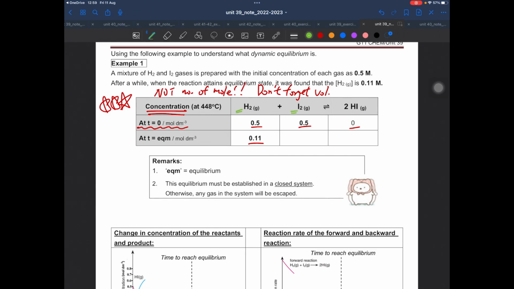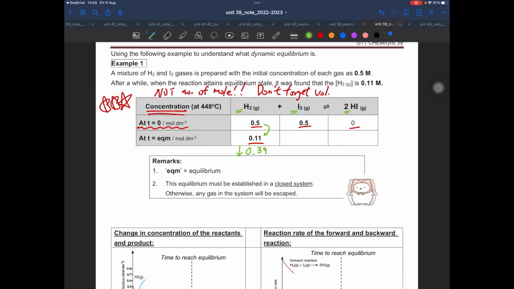Their mole ratio is 1 to 1 to 2. If 0.5 drops to 0.11, how much hydrogen is used up in concentration? 0.5 to 0.11, yes, a drop of 0.39. Easy enough, right?